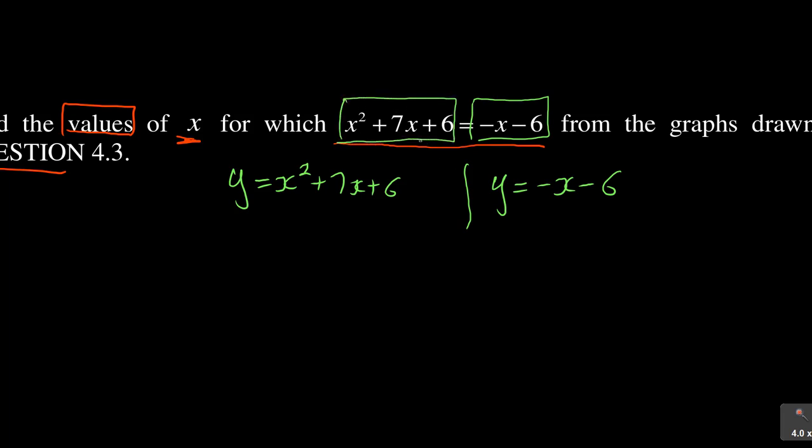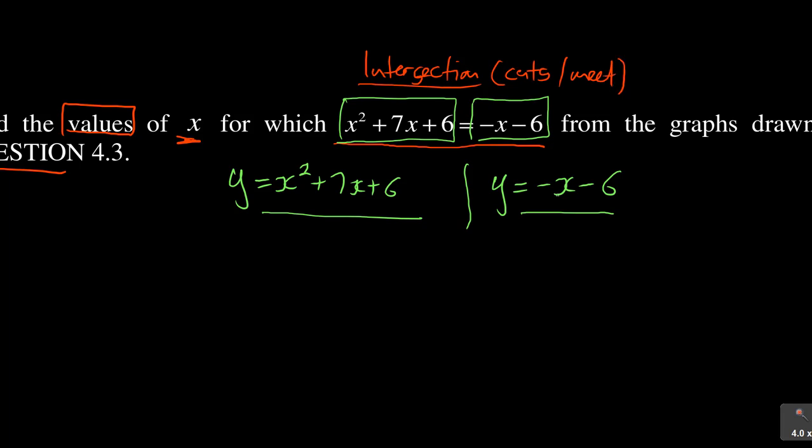So what they're trying to say is these are the two graphs that you're drawing, and these graphs are only equal at the point of intersection. Intersection meaning where the graphs cut or where the graphs meet.